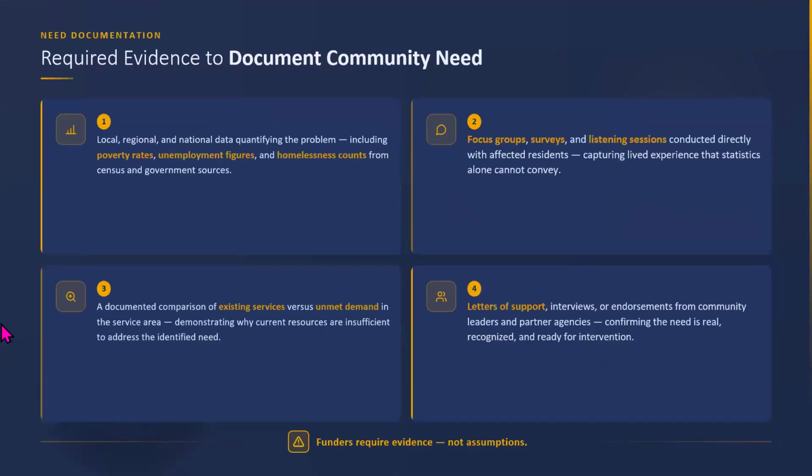So everything requires evidence to document the community need. First, you want to look at local, regional, and national data quantifying the problem, including poverty rates, unemployment figures, and homeless counts from census and government resources.